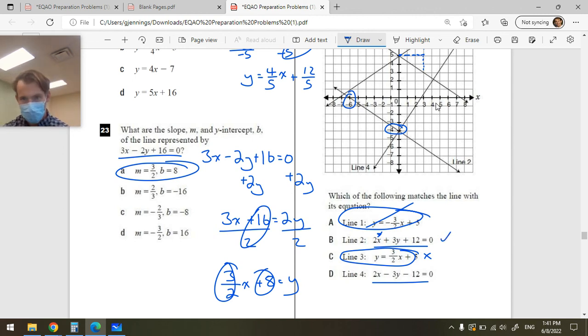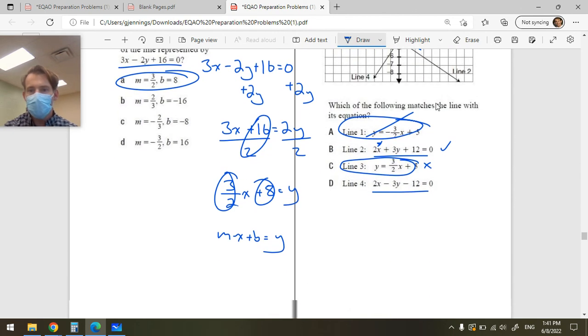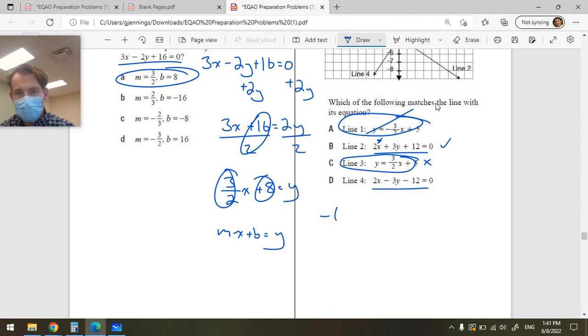How did I know? Okay, let's label some points. This is the point negative 6 in the x, 0 in the y. This is the point 0 in the x, negative 4 in the y. All right? So let's copy those points down here. Negative 6, 0.